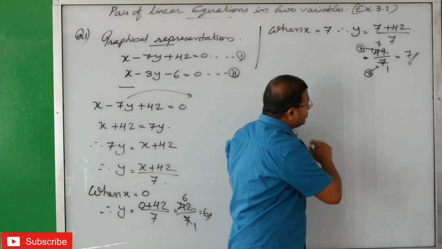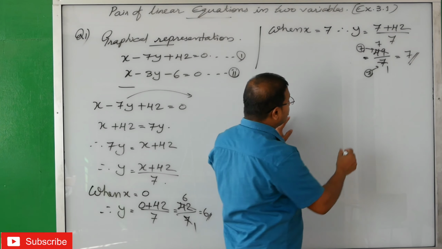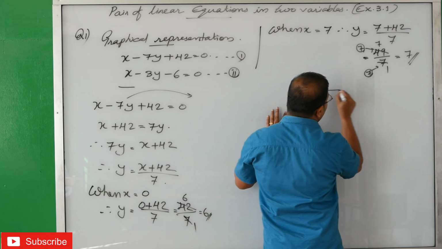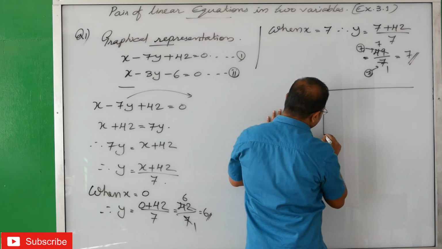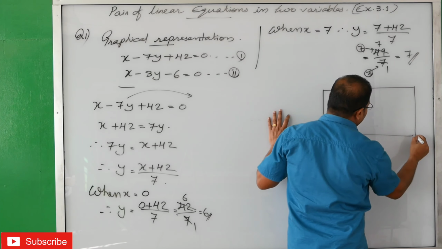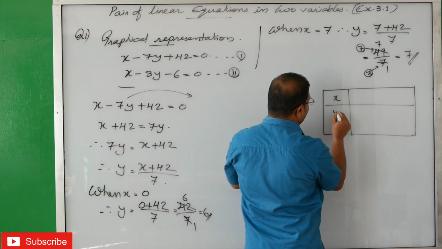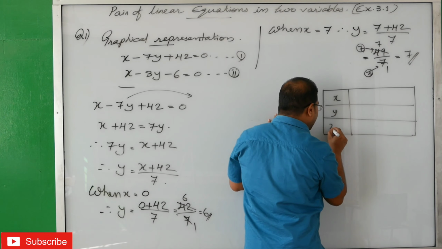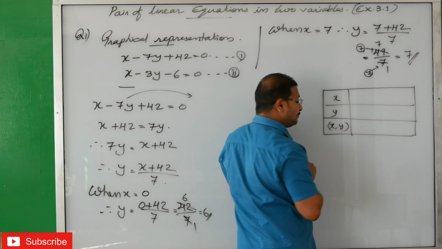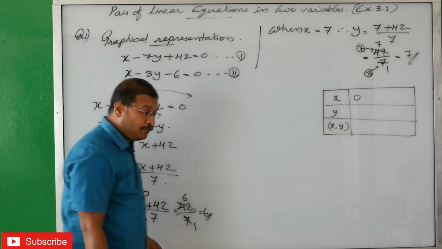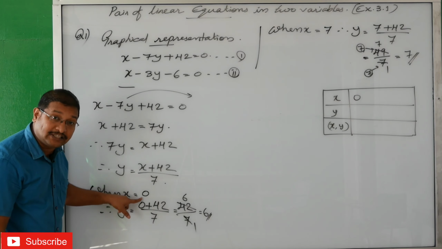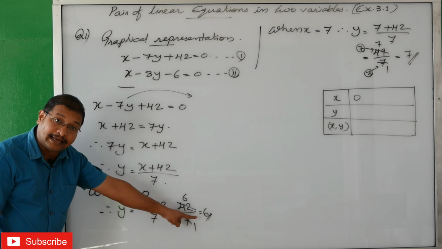Ready? So from here we are getting one table. So I am making one table here now. What is the table? The first column x, the next column y. After that I am taking the coordinates as x, y. Ready? First we took the value of x as 0. That time we got y as 6.